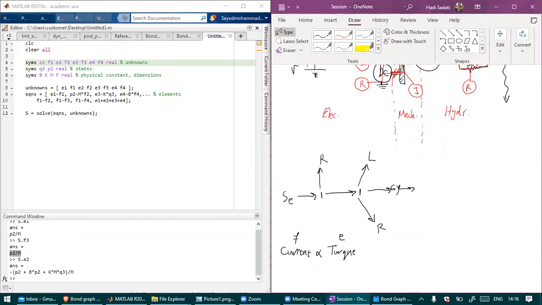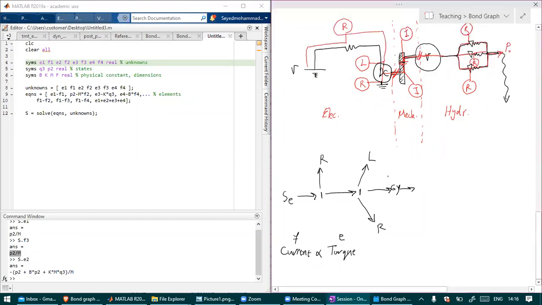The relation for a gyroscope is basically Ei is equal to M, the modulation, Fj, and Fi is equal to 1 over M Ej. The reason we have M and 1 over M is the power should remain constant on both sides.